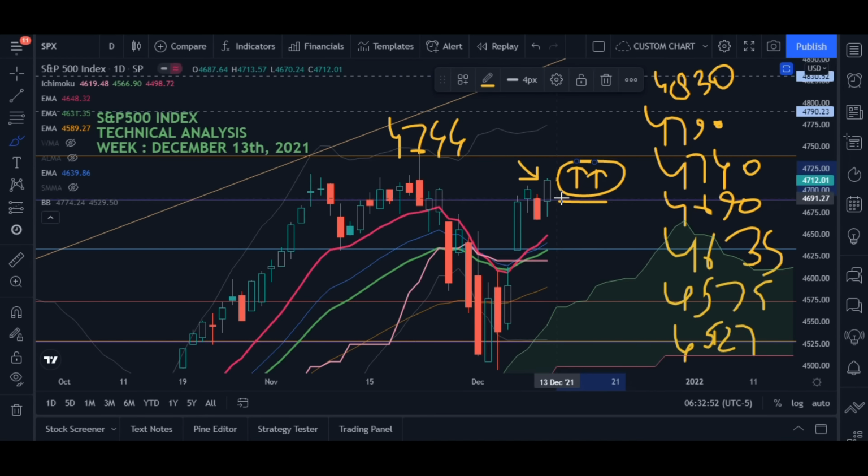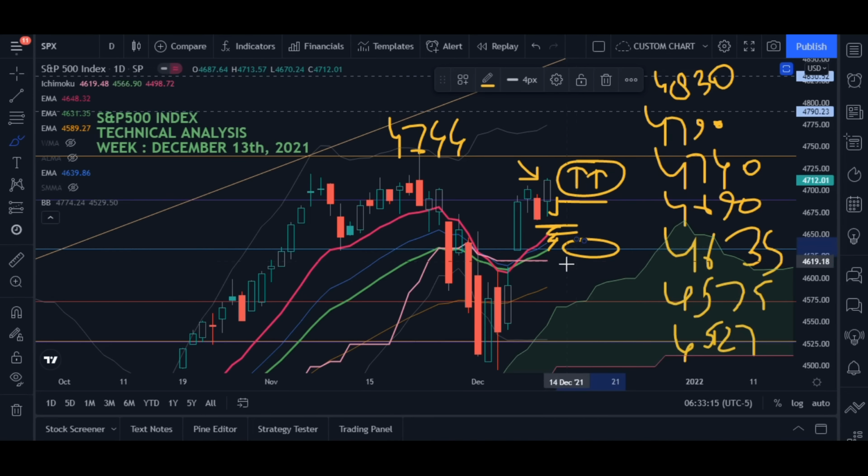Now if on Monday only one candle closes below 4690, then in that case market will come down, because the moving averages will reach here, here and here. So market will come down and find support on the moving averages, first this one, then here, and then finally here.